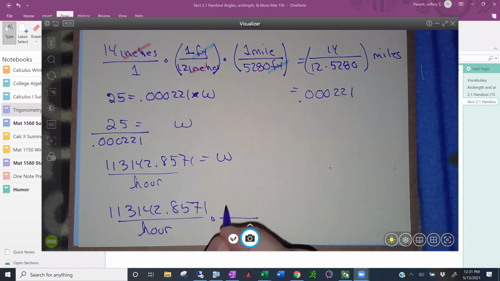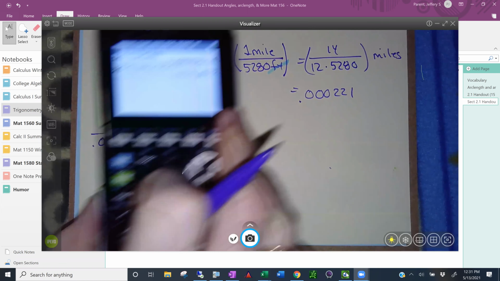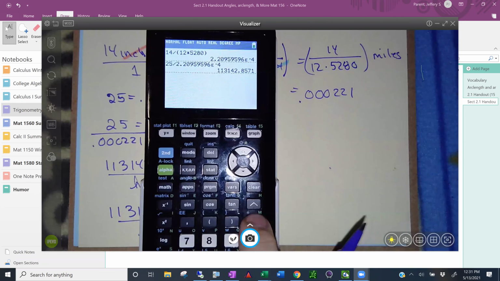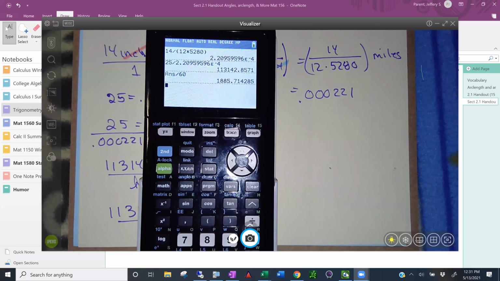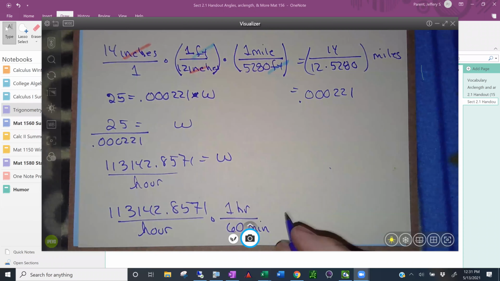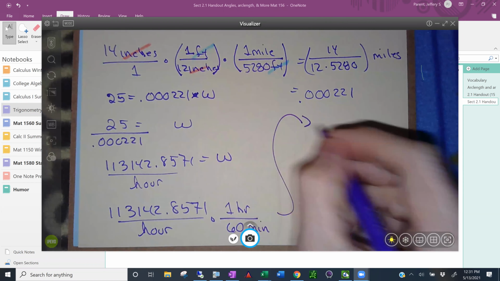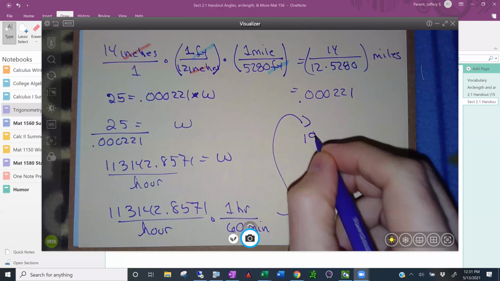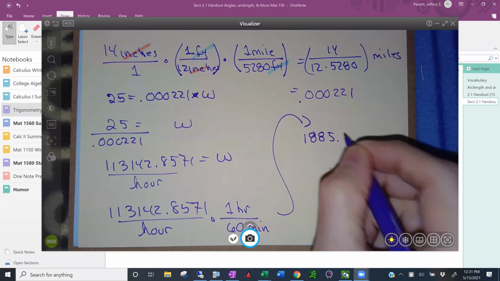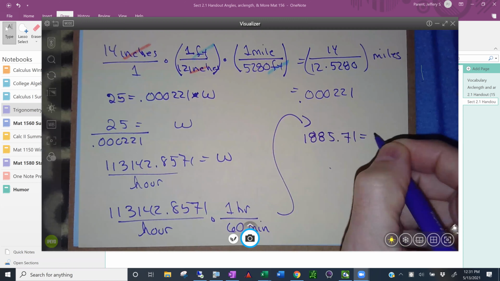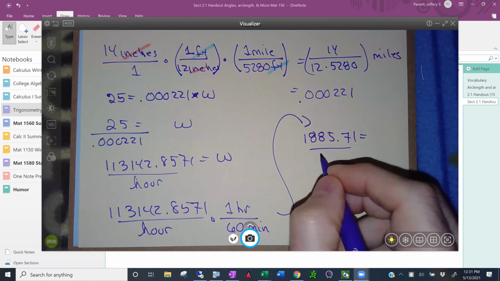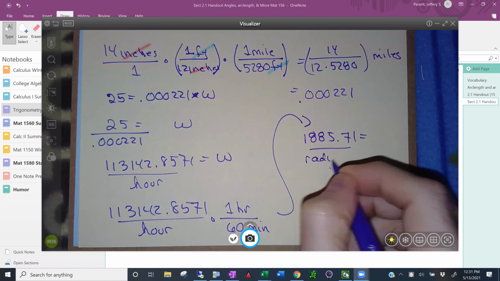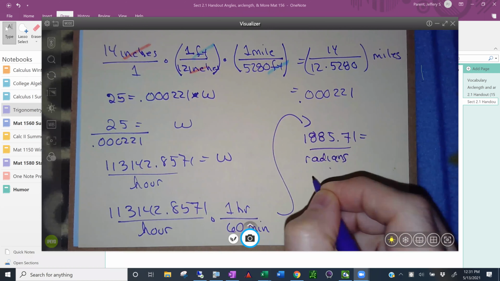There's 1 hour in 60 minutes. So just divide this by 60, and you get 1885.71, or 271 radians per minute.